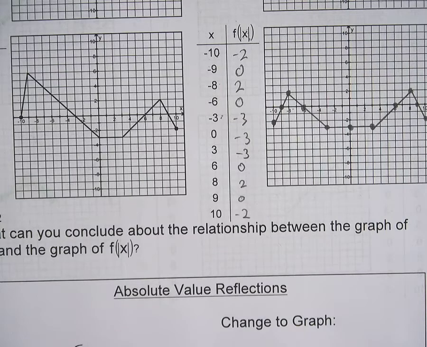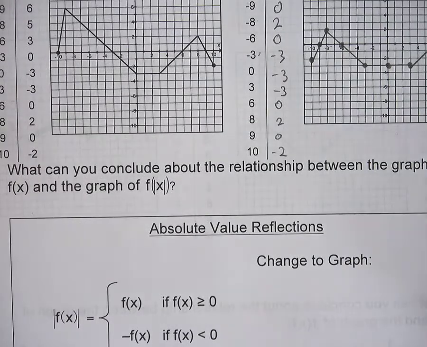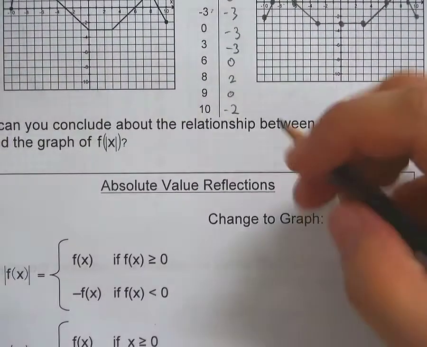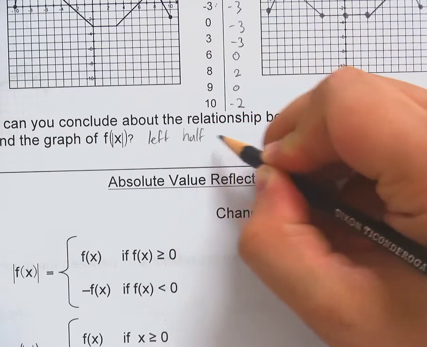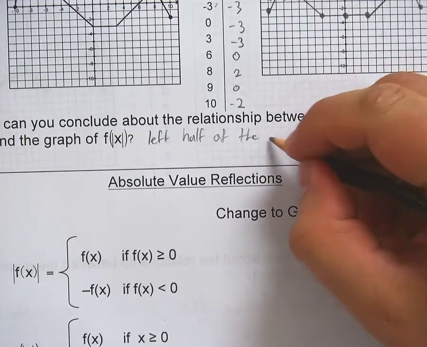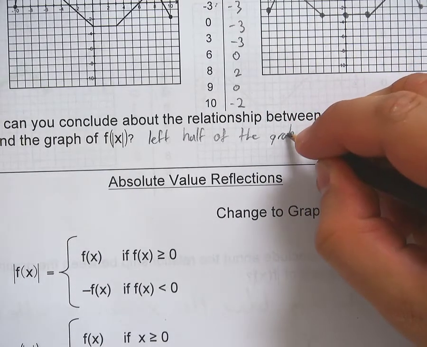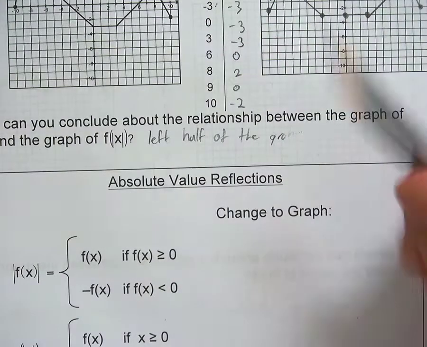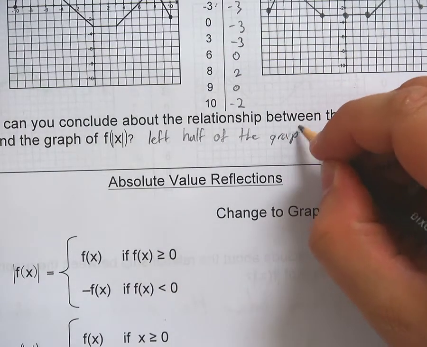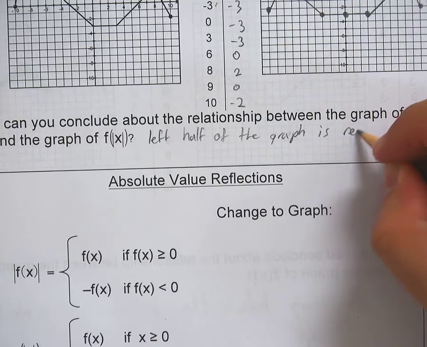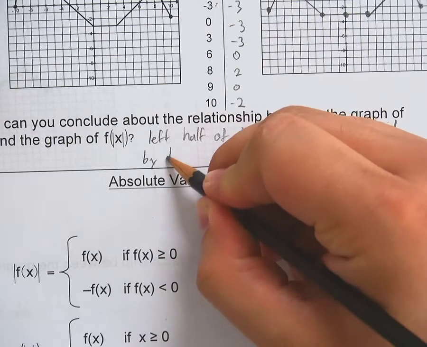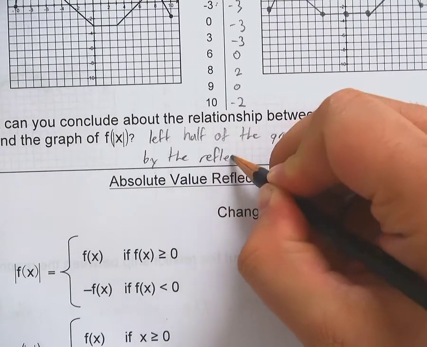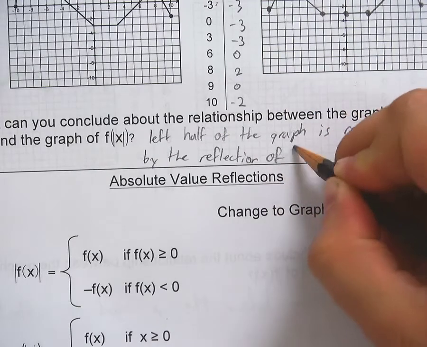The question says, what can you conclude about the relationship between the graph of f and f of the absolute value of x? So here's what I'm going to write down. The left half of the graph is replaced by the reflection of the right.